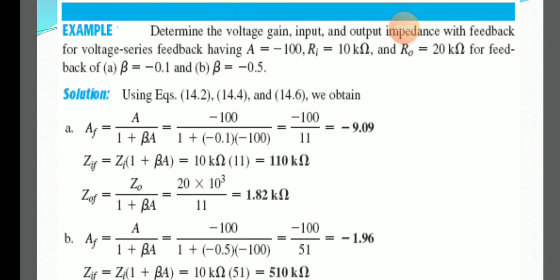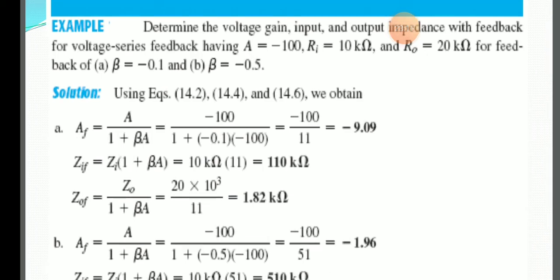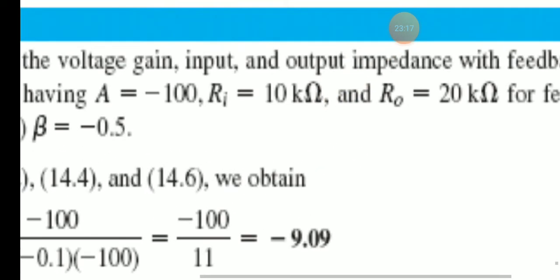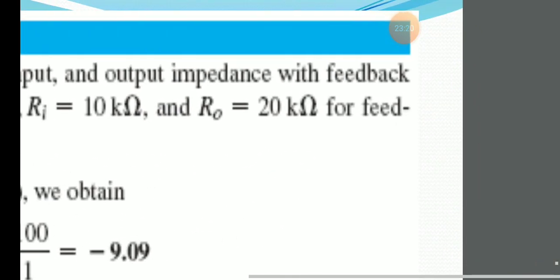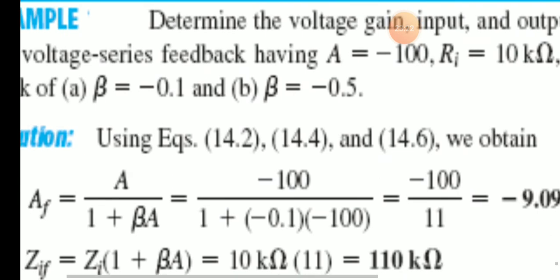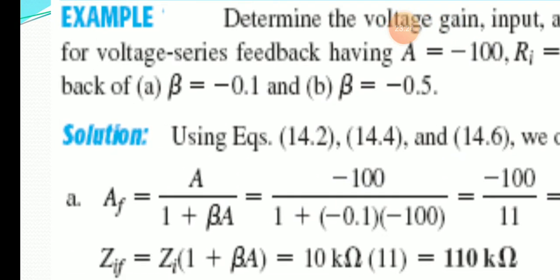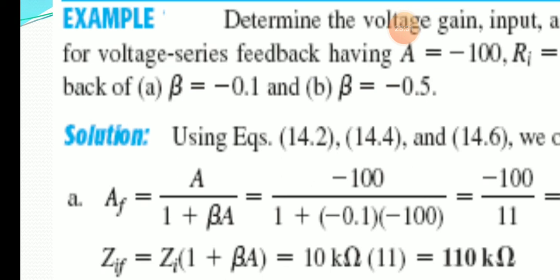Determine the voltage gain, and input and output impedance with feedback, for a voltage series feedback having a given gain of minus 100, input resistance of 10 kilo ohm, and output resistance of 20 kilo ohm. For the feedback, the beta factor is given as minus 0.1, and another beta is minus 0.5.